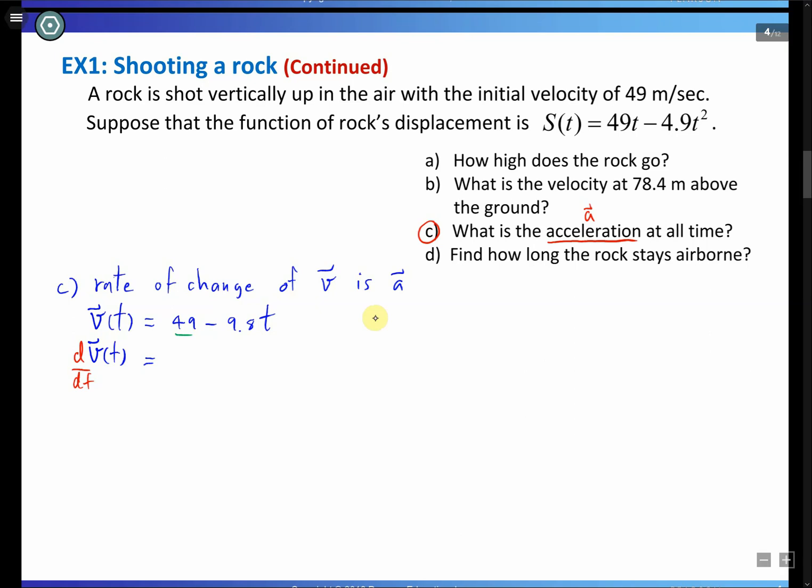And we differentiate this, minus 9.8t, we are going to get minus 9.8. And there you go, this is the acceleration. And as you can see here, we have this minus sign right here. What is it telling us? It means that it accelerates down. So from this, we know this is acceleration down.